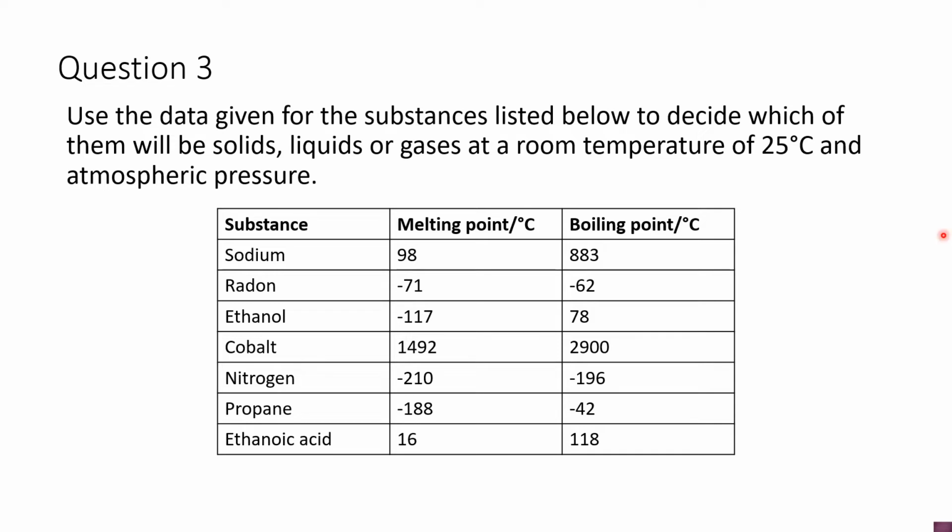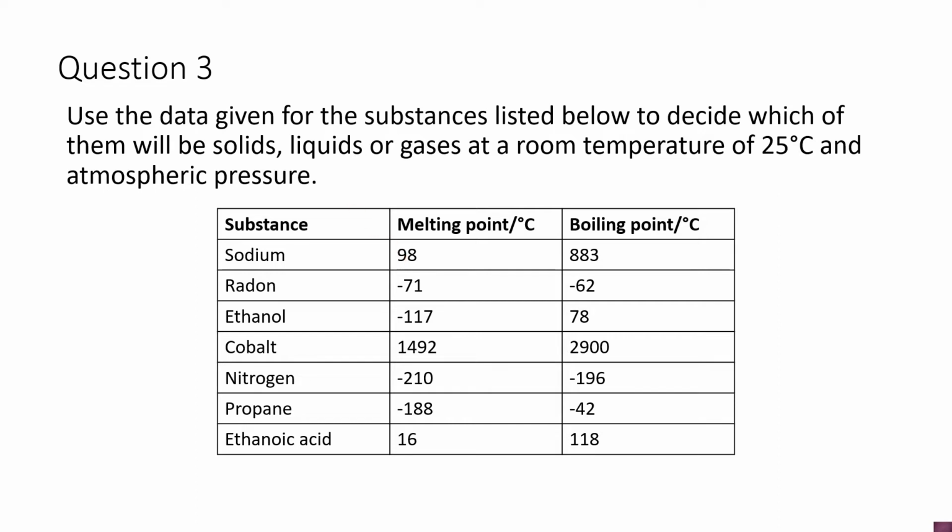Question 3. Use the data given for the substances listed below to decide which of them will be solids, liquids or gases at a room temperature of 25 degrees Celsius and atmospheric pressure. This is the table they have given us for the data.